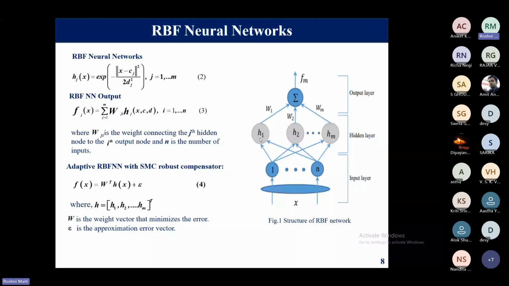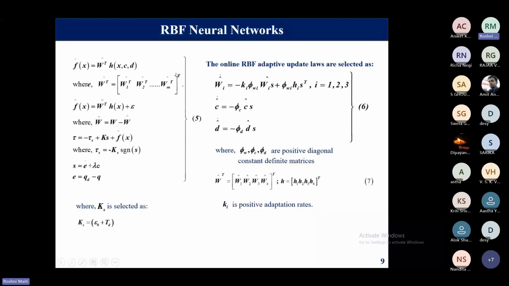So we can design the different weights here. If my observer model is like this, which is also developed using this neural network, then we can design our control law as this.